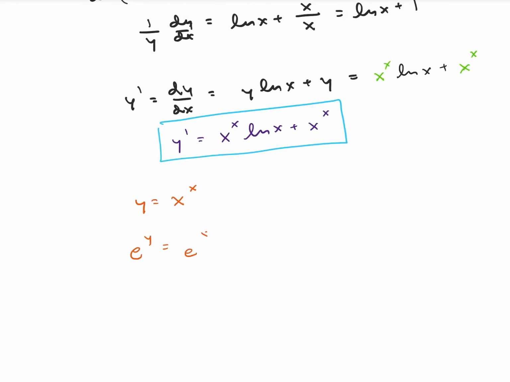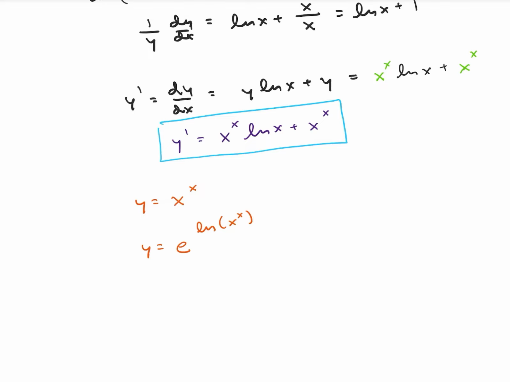Sorry. We're not going to take the exponential of both sides. So we're going to have y is equal to the exponential of the natural log of x to the x. Apologize for that.